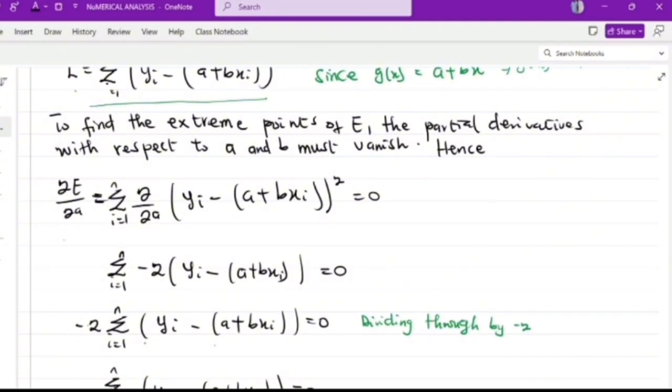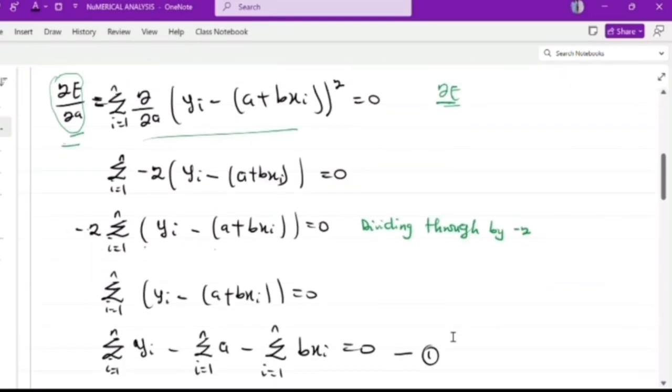We use this symbol when we are dealing with partial derivatives. So the partial derivative with respect to a on the left hand side is this, and the partial derivative with respect to a on the right hand side is this. So you find the partial derivative with respect to a on both sides of the equation.